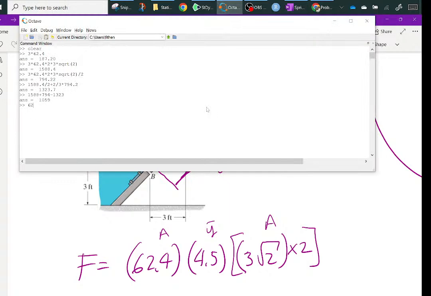Okay, 62.4 times 4.5 times 3 times 2 times square root of 2 gives me... did I multiply that? Wait, 4.5.